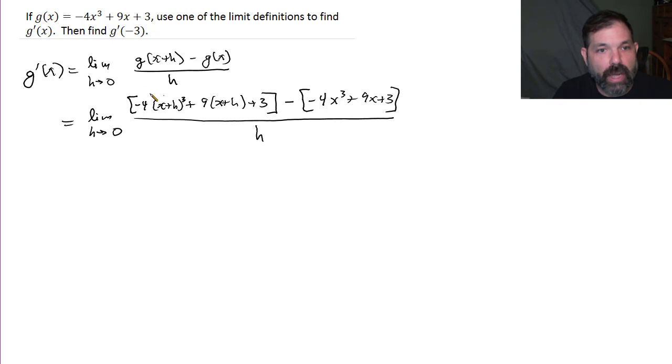Now I'm going to have to expand this x plus h cubed. If you don't remember from back in pre-calculus, you learned about Pascal's triangle, I hope, or the binomial expansion.